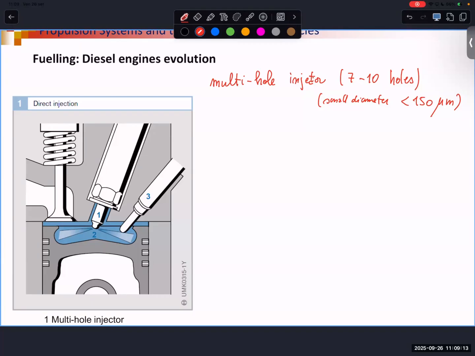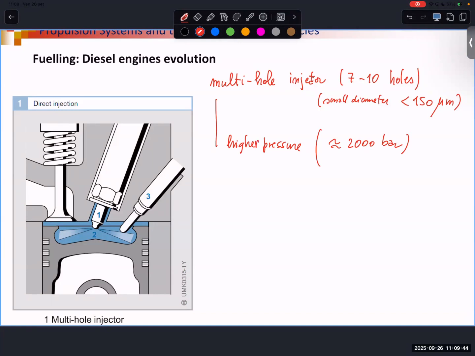Multi-hole injector, higher pressure. Today it's really simple to have applications with 2000 bar. You can even go higher, but just to provide an order of magnitude, higher pressure.